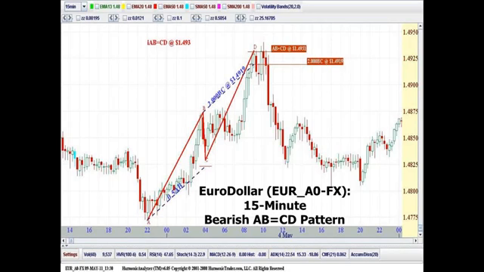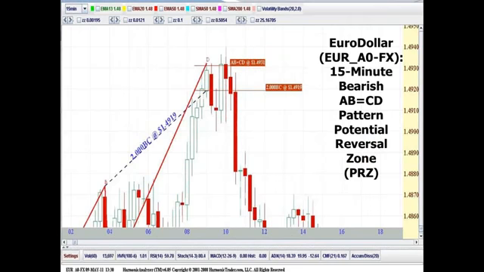This also marked the area and complemented where the AB equals CD leg completed exactly. These two numbers came together within a 10 pip range between 149.20 and 149.30 for the ideal harmonic resistance for the trade. Again, notice how the price action changed immediately after testing all of these numbers.